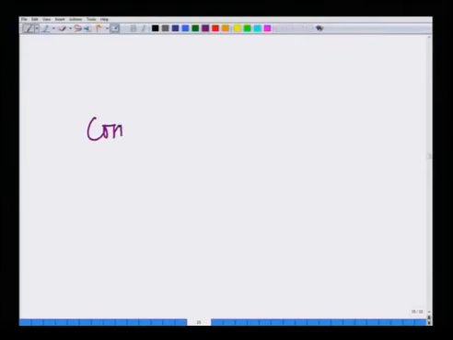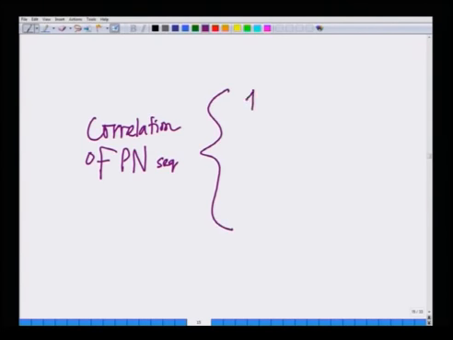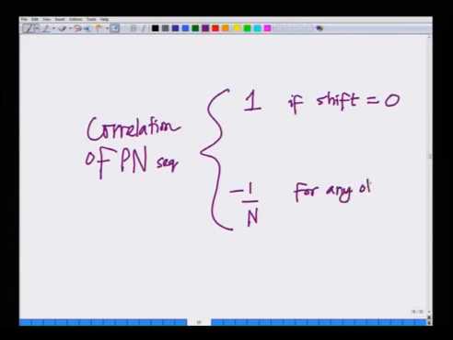Correlation of PN sequence: this is 1 if the shift equals 0, it is minus 1 over n for any other non-zero shift. For any other non-zero shift, the correlation falls down to minus 1 over n.